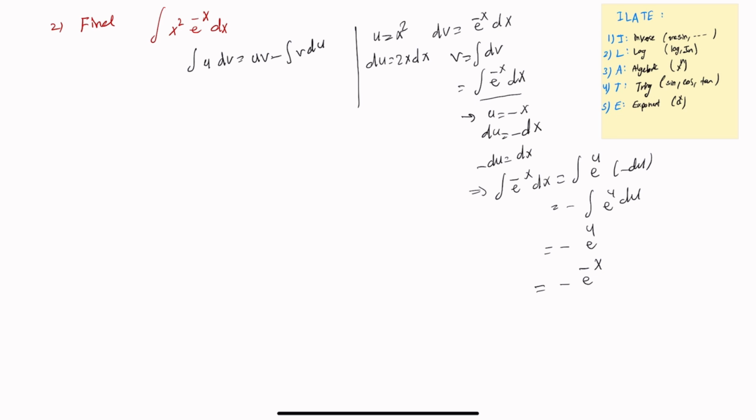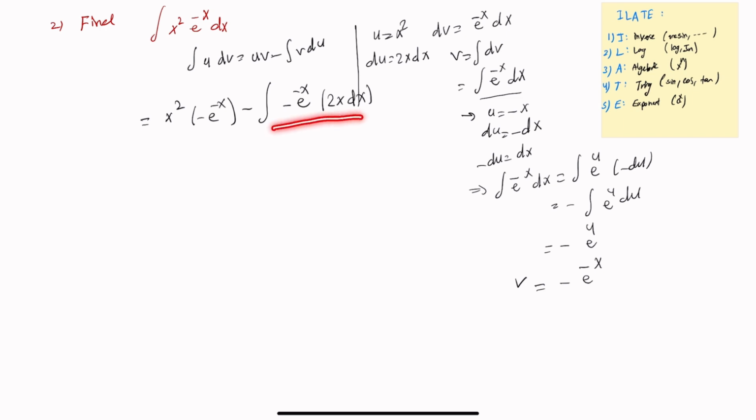So what we found in here is just v. Now we are ready to move to integration by parts. So that's going to be equal to u, which is x squared, and then v, which is minus e to the minus x, then minus the integral of v, which is again minus e to the minus x, and then du here is going to be equal to 2x dx.